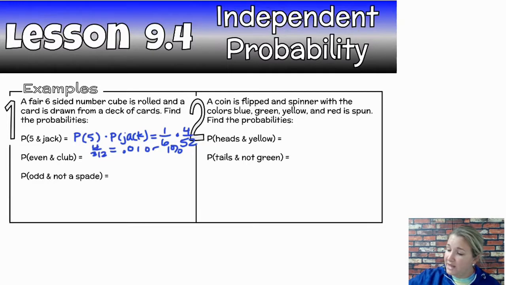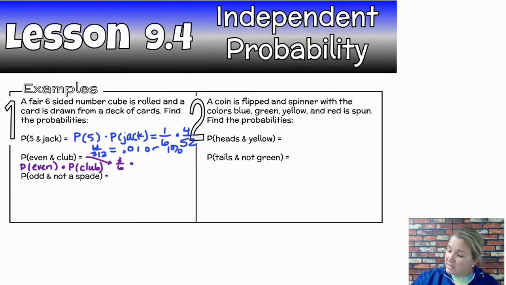On the next example, we have the probability of rolling an even number, which is pretty significant, times the probability of picking a club. Again, pretty significant there as well. So the probability of an even number is 3 over 6 or 1/2. It's a little bit easier if you can start reducing that, but if you can't, that's okay.